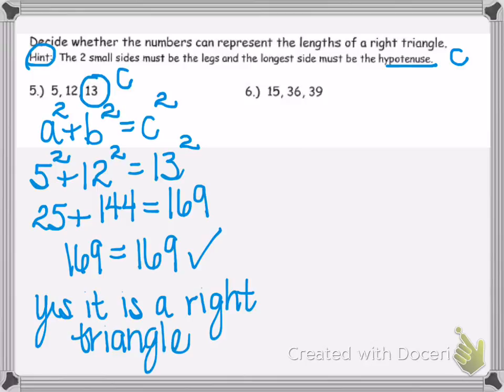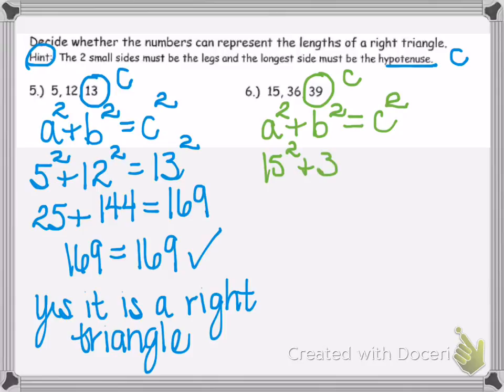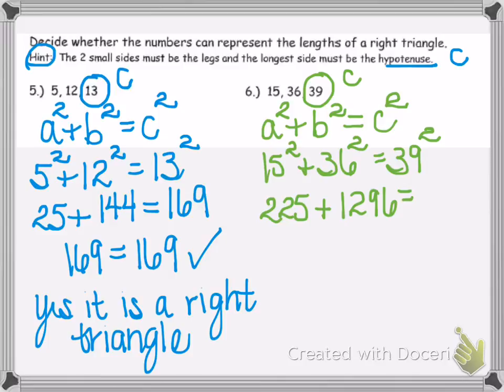Let's take a look at another example. Let's take a look at a triangle where our sides are 15, 36, and 39, which means C has got to be 39. If we plug it into our Pythagorean theorem, we've got 15 squared plus 36 squared equal to 39 squared. 15 squared gives me 225. 36 squared gives me 1,296, and 39 squared is 1,521.